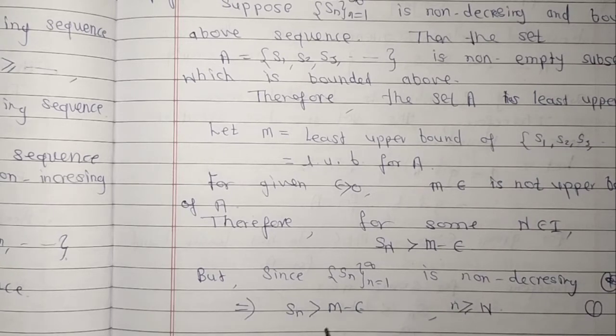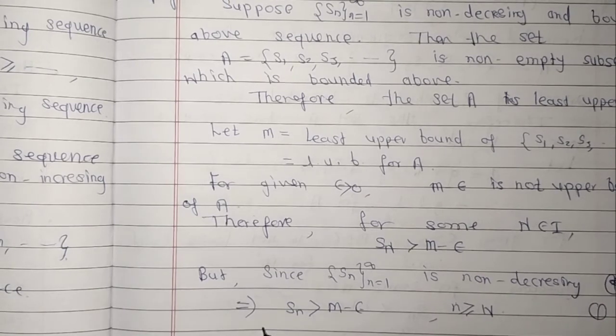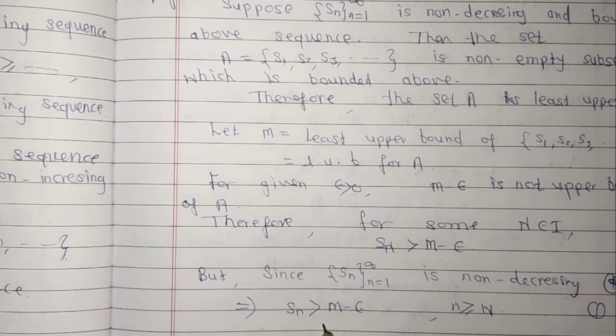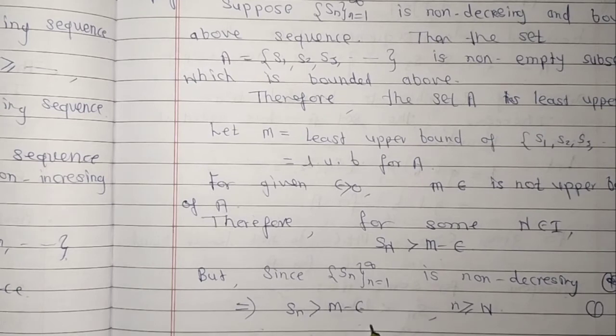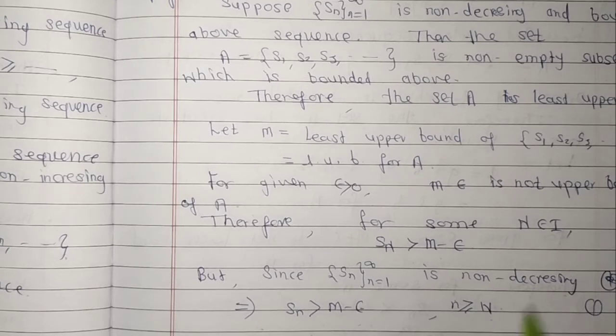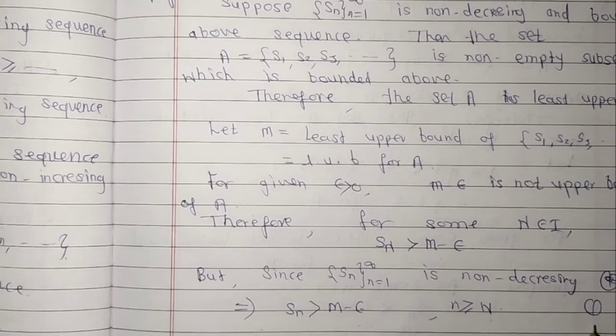But since the given sequence Sn is non-decreasing, this implies Sn is greater than M minus epsilon for n greater than or equal to capital N. Denote this as number 1.